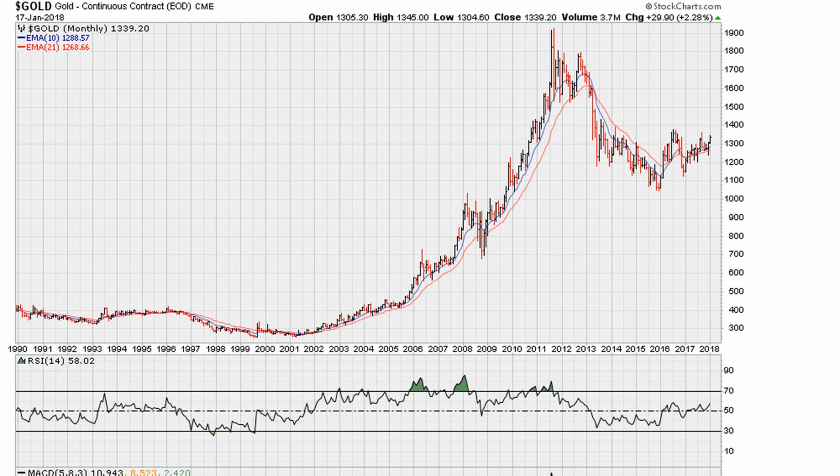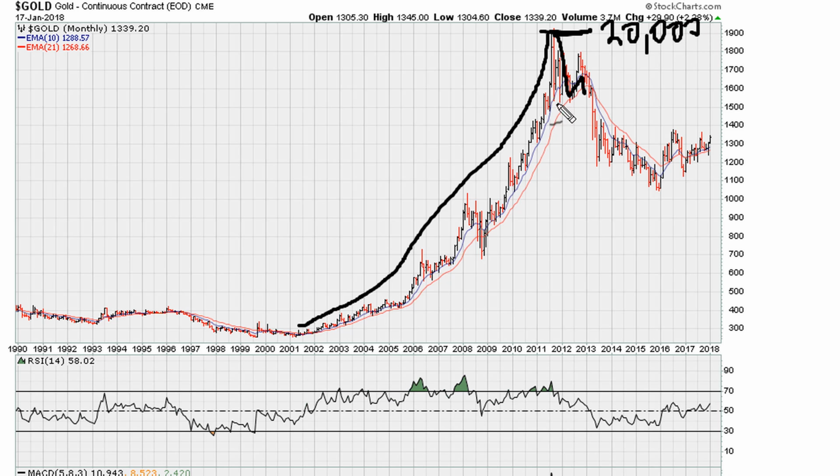Take a look at the gold chart. So gold had a fantastic run from 2002 to 2011. Since 2011, it hasn't been back to these highs. So this would be similar to 20,000 as far as Bitcoin is concerned. Since 2011, gold has yet to go back to these levels.